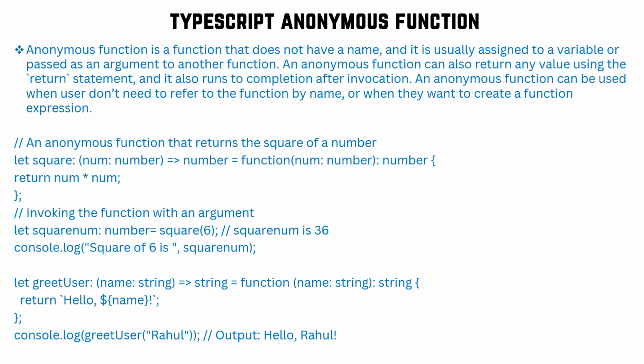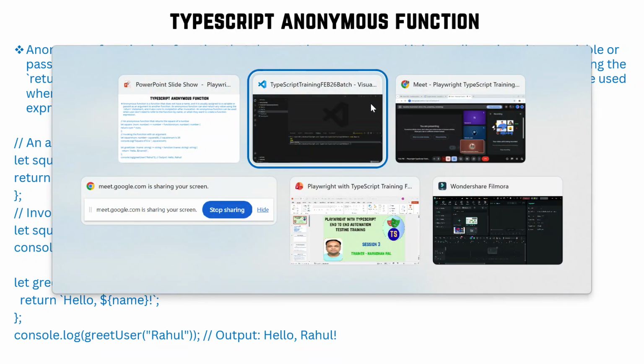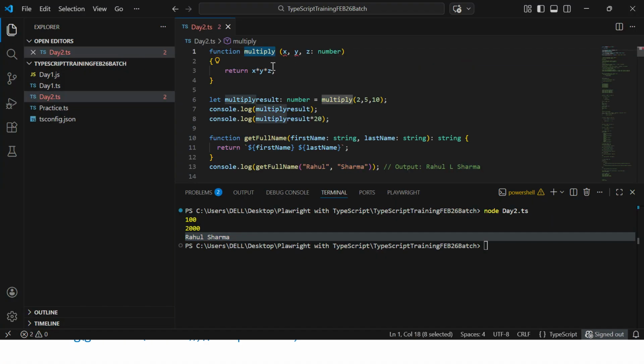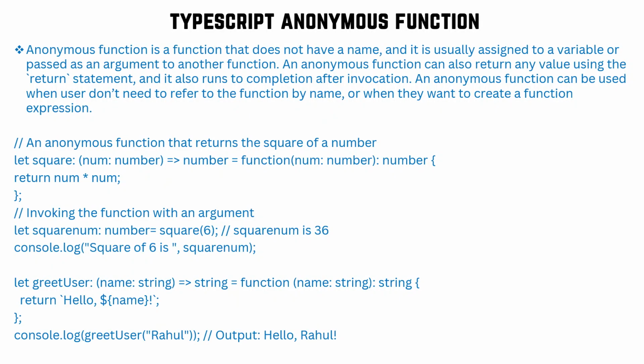So what are anonymous functions? In the last sessions you already saw that whenever we create functions, we give the function a name like multiply. Then we call the function and store the result. But an anonymous function is a kind of function that does not have any name, and it is usually assigned to a variable or passed as an argument to another function.